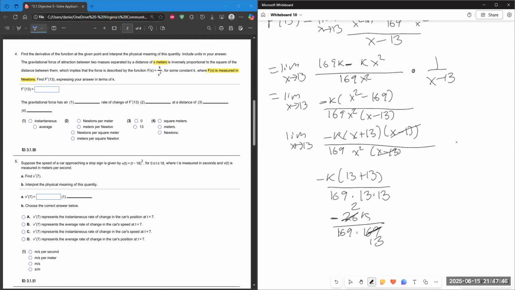So this is going to be 169 times 13, which is 2197. That is a negative 2k over 2197.